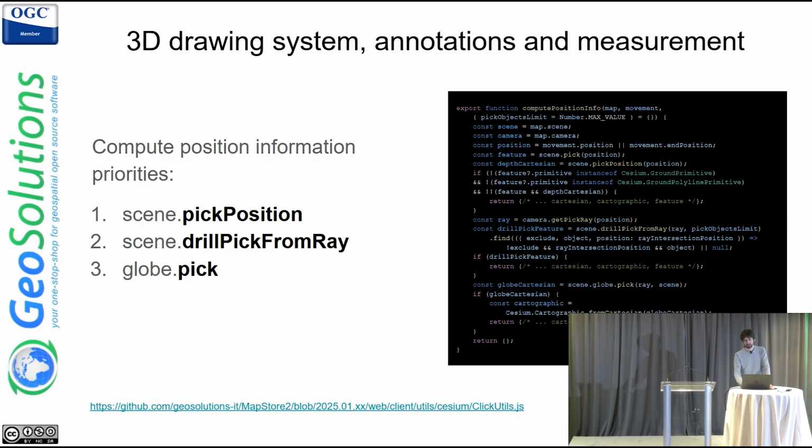We came up with this fallback picking idea. First of all, we try with the pick position of the scene. If that fails, we go with the drill pick from the ray. And at the end, we finally fall back to the globe pick to get the feature that we intersect and the Cartesian and cartographic positions.